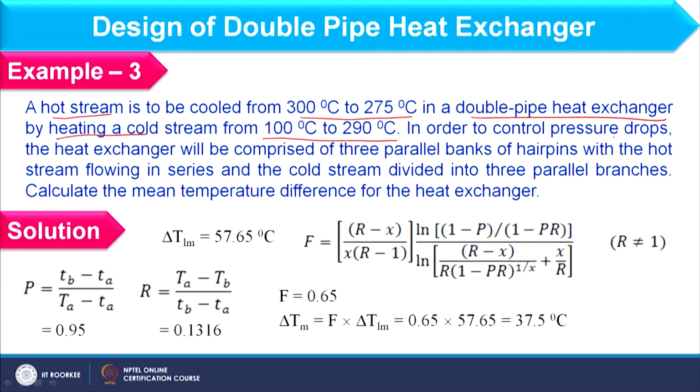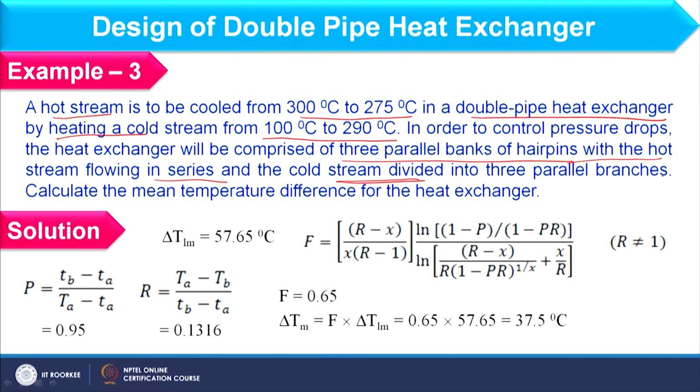In order to control the pressure drops, the heat exchanger will be comprised of 3 parallel banks of hairpins with the hot stream flowing in series and the cold stream divided into 3 parallel branches. Okay.